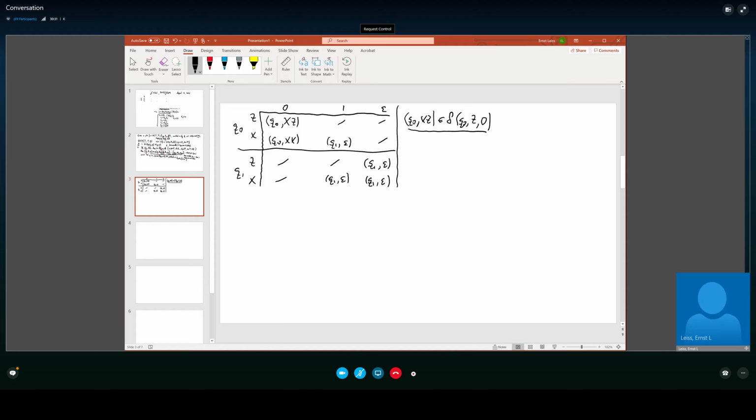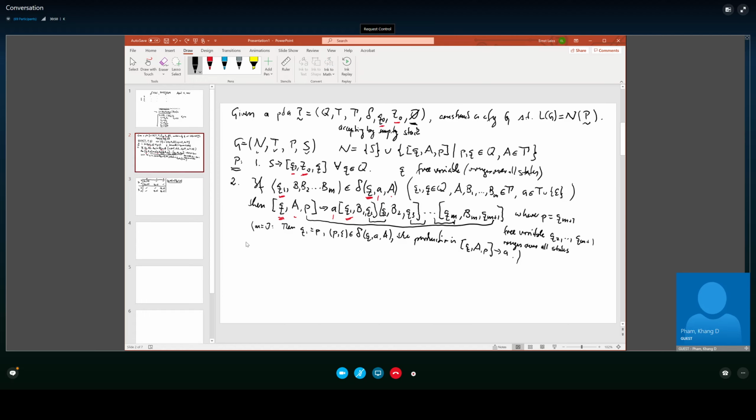So this is now a pattern matching exercise. Let me just copy that and stick it in here. Oh, come on.